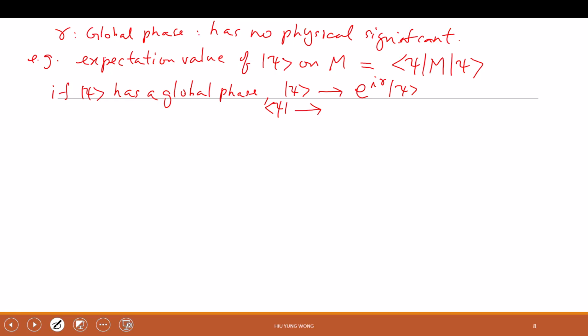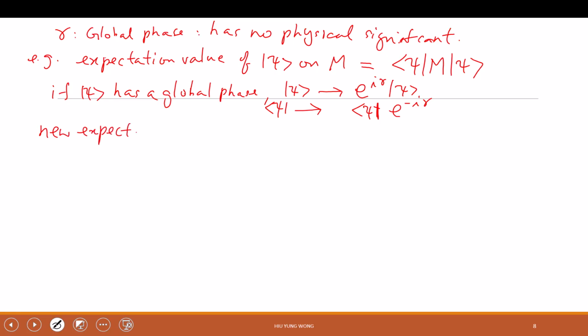What is the dual correspondence of this? For the ket, it becomes a bra, but for the complex number, it becomes the complex conjugate. So yes, it's negative, right? Because the complex conjugate is negative i.